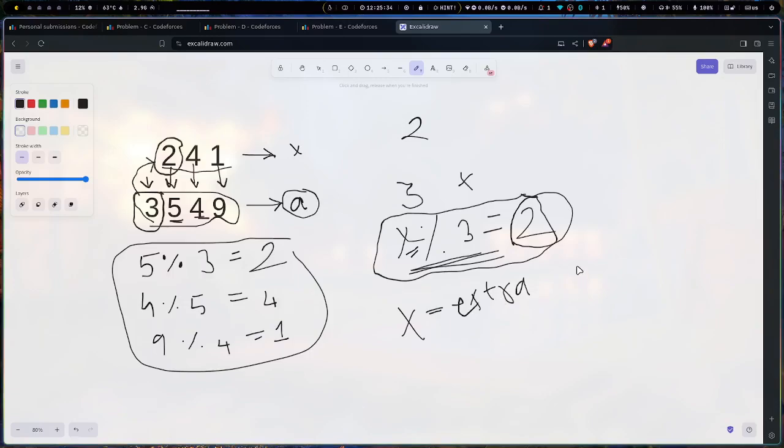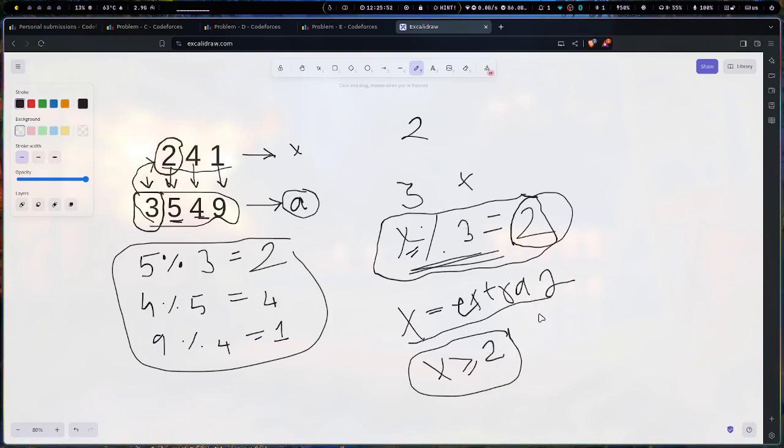That means x is greater than or equal to 2. You agree? x is greater than or equal to 2, because it is giving an extra 2.